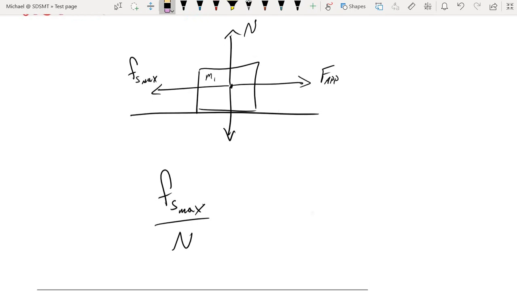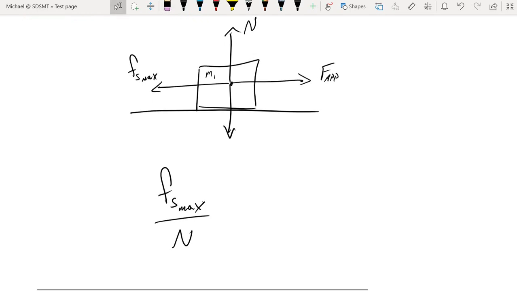So what we do here is we measure the ratio of that maximum static friction force. So that's the static friction force at that breaking point before we start moving. And we compare that to the normal force for the system. And the ratio of the two is what we call the coefficient of friction.